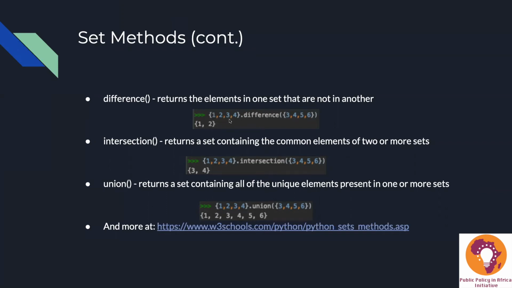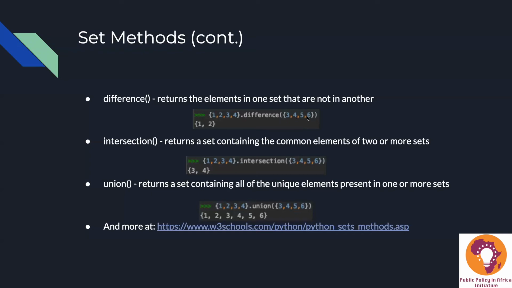So this will return the elements that are in the set that I'm calling difference on that are not in the set that I'm passing as a parameter to the difference method. And anytime you pass something into the parentheses of a method or a function, it's called a parameter, or an argument is another word you might hear there. So these sets both contain 3 and 4. But this set contains 1 and 2, while this set does not contain 1 and 2.